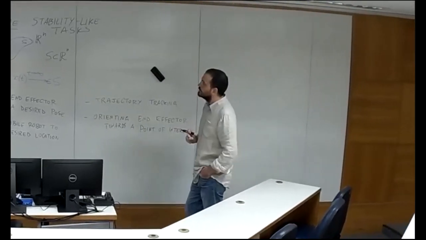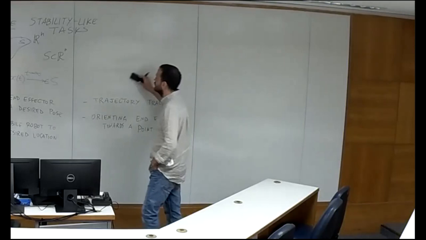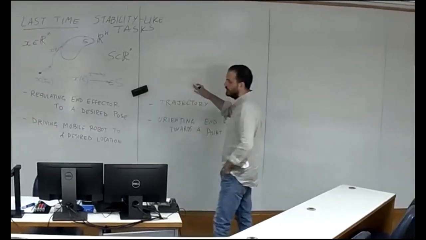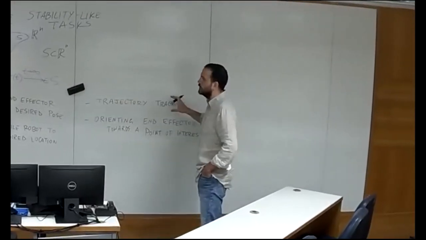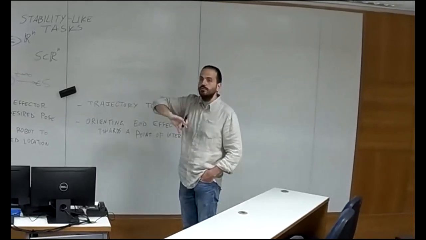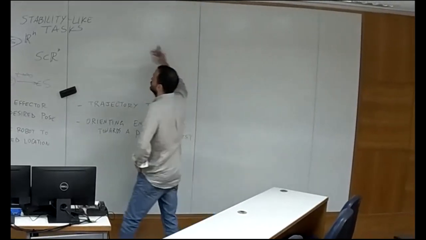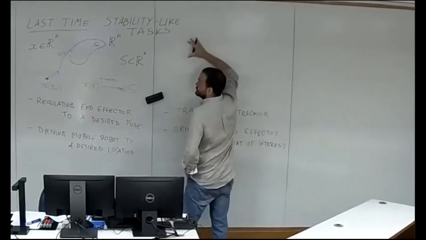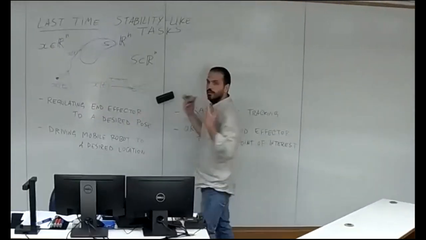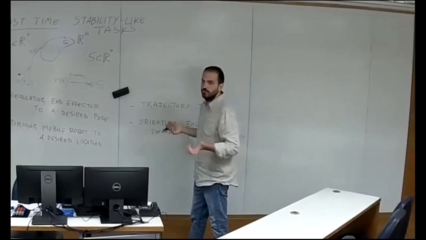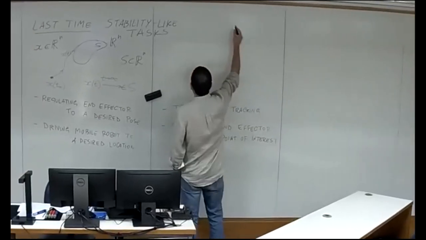These were examples. And we said, okay, let's consider a model which is capable of representing both manipulators and mobile robots alike, so that we don't need to specify things for the two types of robot, but we can develop a theory which works for any kind of system that we can model this way.